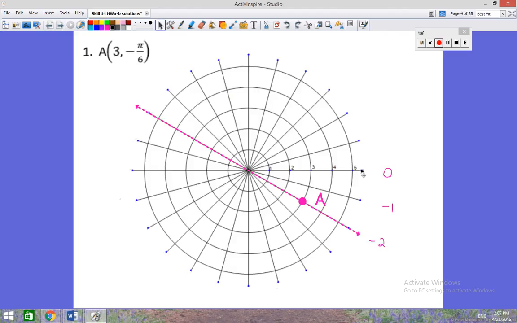Negative angle measures are clockwise, so I count 1, 2 going clockwise, and I'm at the circle that has a radius of 3. So go down pi over 6, going clockwise, and from the pole go out 3 units. Mark that as A from your assignment.